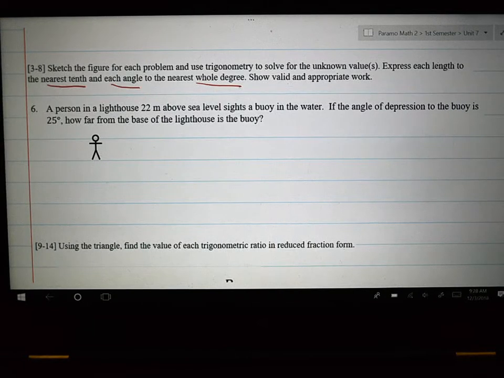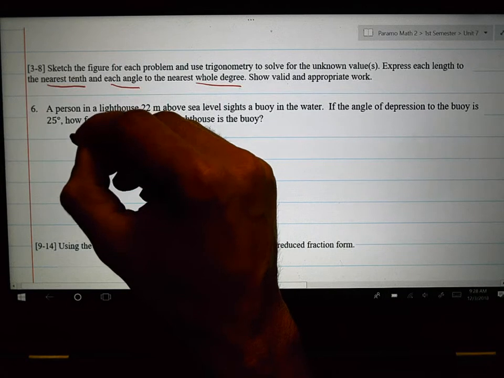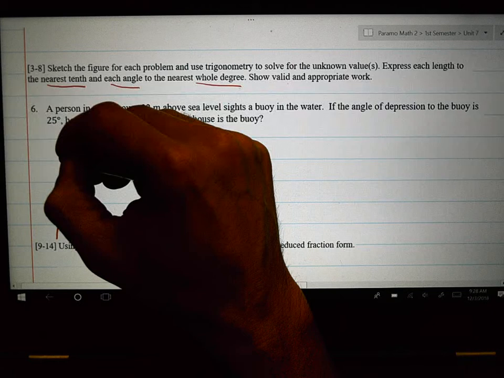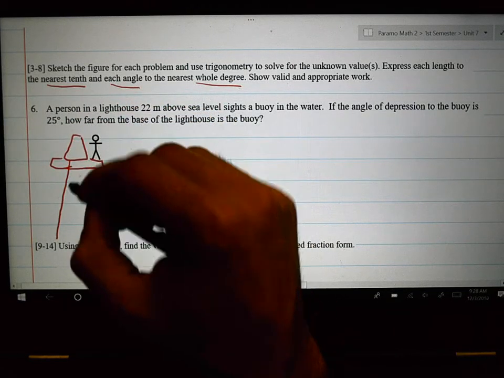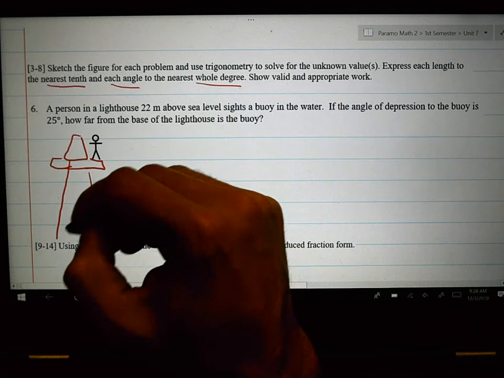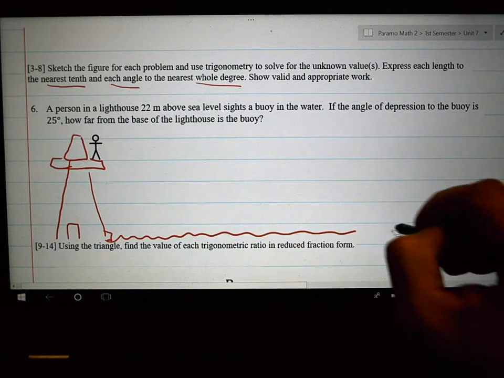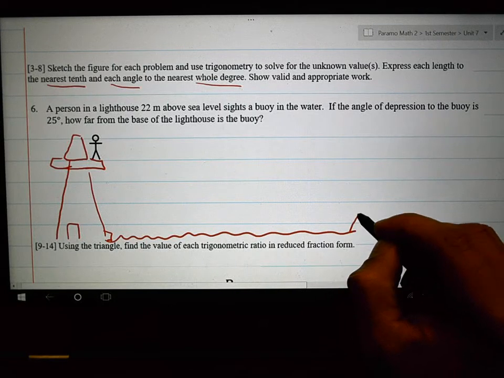the buoy? So imagine there's a person in a lighthouse. There's a door. And that's the water. And out here there is a buoy. What does a buoy look like? Let's go with this and put a little bell up here.